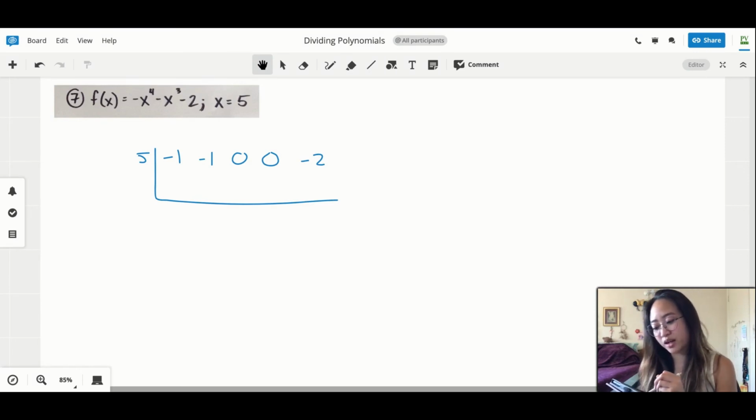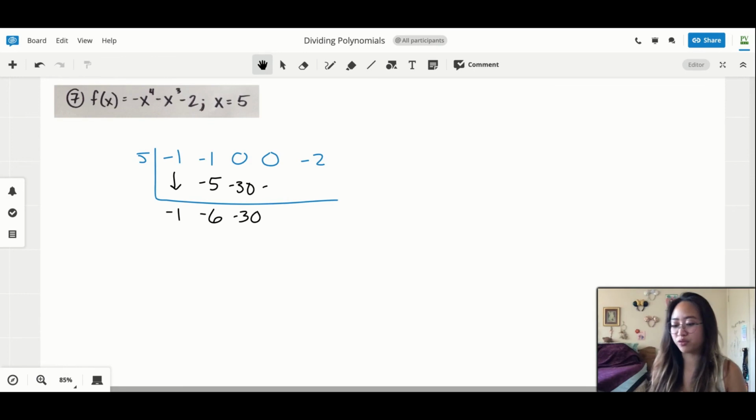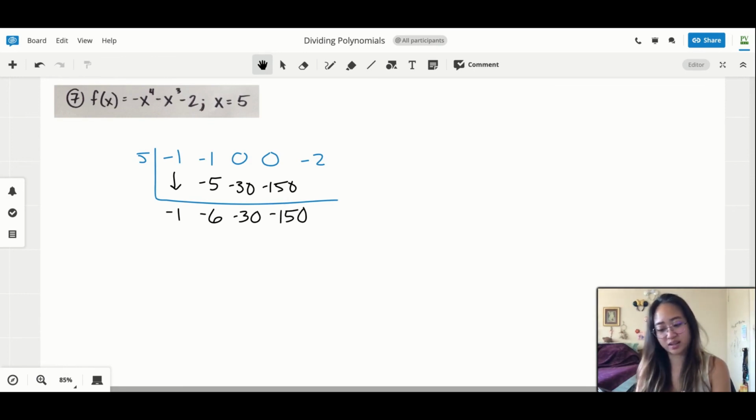So bring down that -1. -1 times 5 is -5. Add these up, we get -6. Multiply by 5, we get -30. Bringing that down again, -30 times 5 is -150. Bringing that down, -150 times 5 is -750.